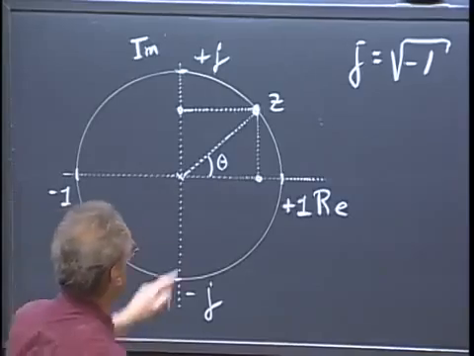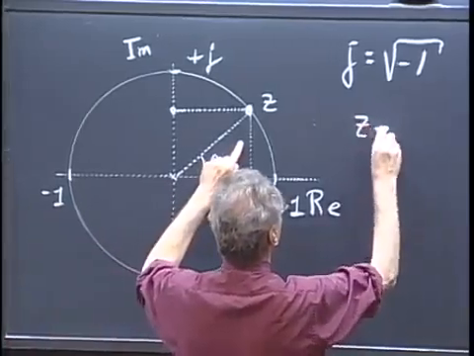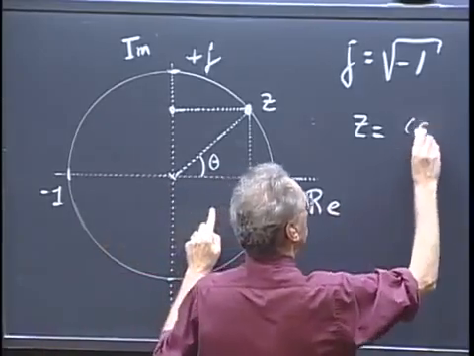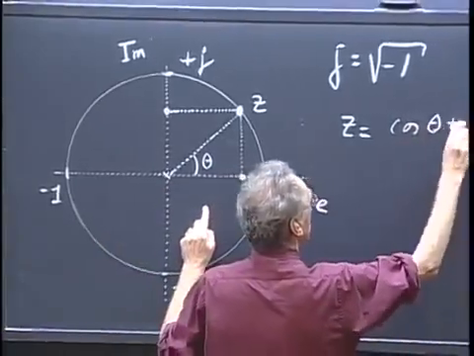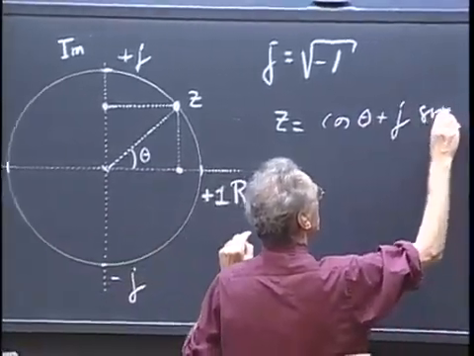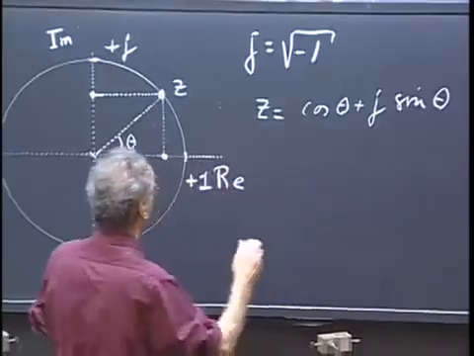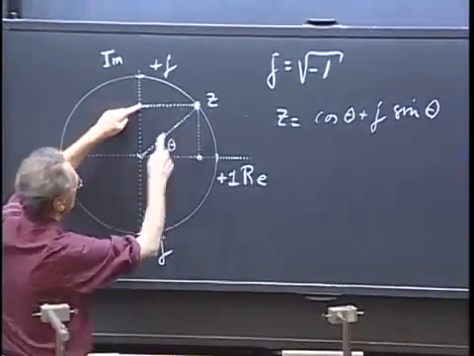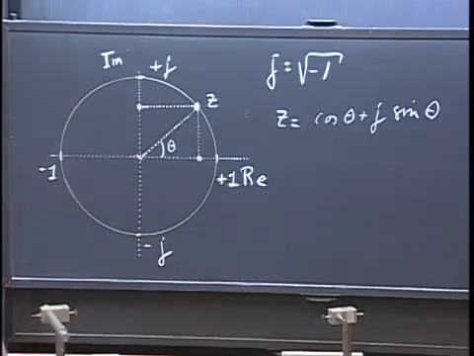So you can see that indeed z can be written, since this length is 1, as the cosine of theta plus j times the sine of theta. So that is this part, which is real, and this is the sine of theta, because this is 1. I have to multiply that by j.